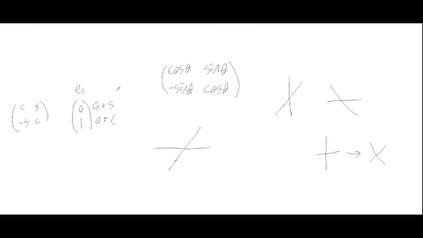So we know that what we're going to want is for this S and this C here to remain constant. So we want this to be sine of 0, which equals 0, keeping that at 0, and we want this to be cosine of 0, which equals 1, keeping those the same.